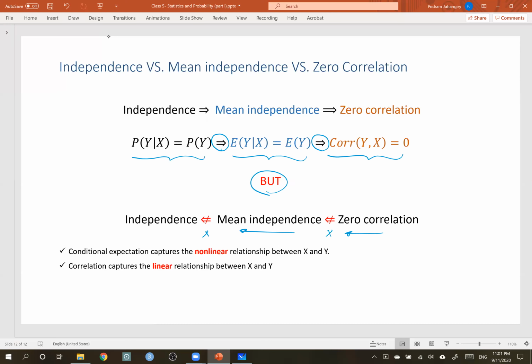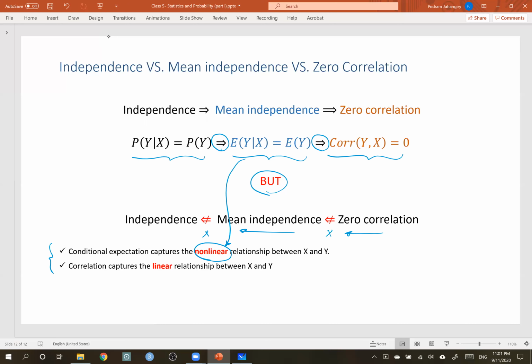However, if I have two random variables that are strongly independent, I can conclude that they're mean independent, and I can conclude that the correlation is 0. And this is also very important: conditional expectation captures the nonlinear relationship between x and y. So this is going to capture this one.